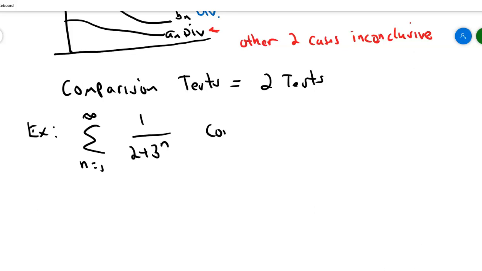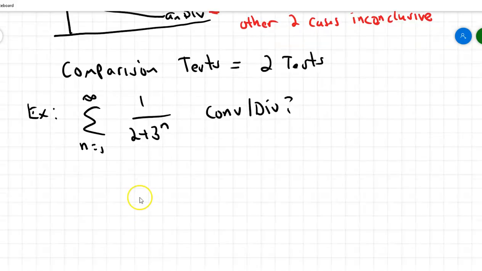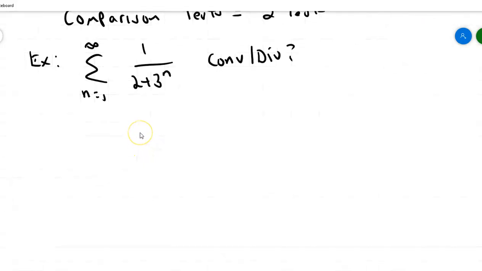And of course, my question, as it's been all day, is: does this converge or diverge? Well, I don't know. It doesn't seem fun to try to perform integral tests with this. And if I can avoid having to do the ratio test, I'll try to avoid it. So maybe I can do a comparison test.